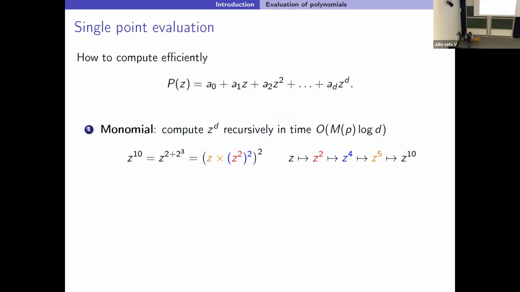So now, how do people evaluate polynomials in general? Well, if it's just a monomial, we know we can do it in logarithmic time, of course.